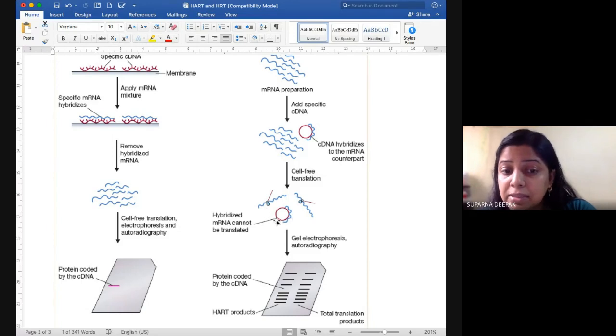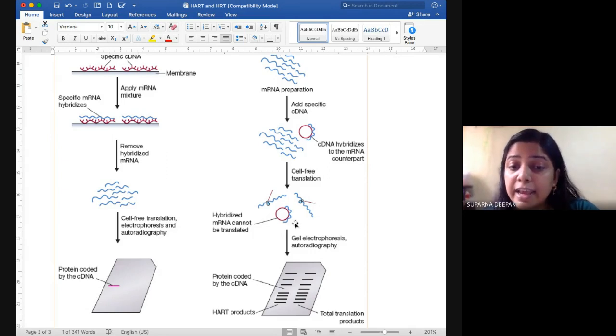Whereas the hybridized one, your mRNA of interest which has got hybridized with the complementary cDNA, will not get translated. Whatever proteins you get from this, you will run on one well of your gel.